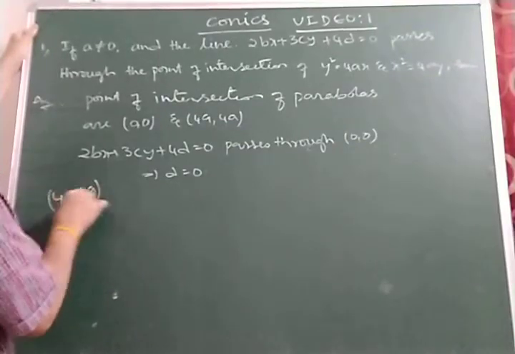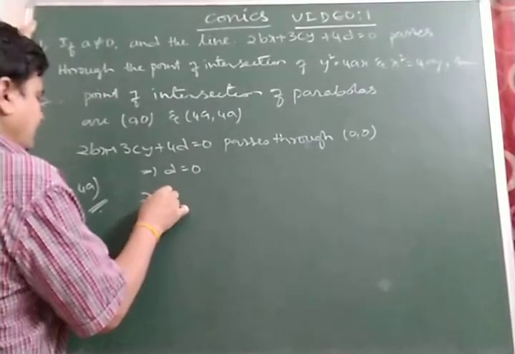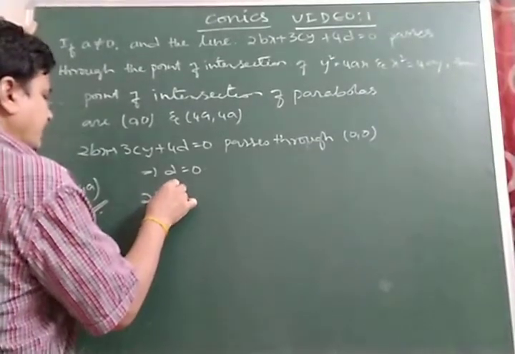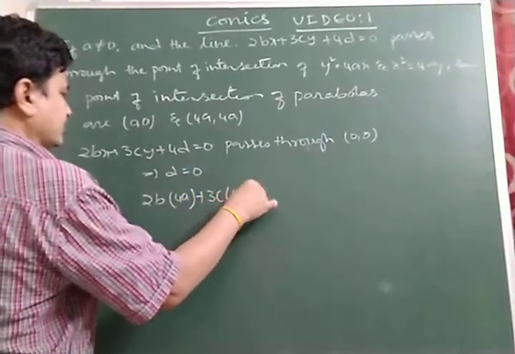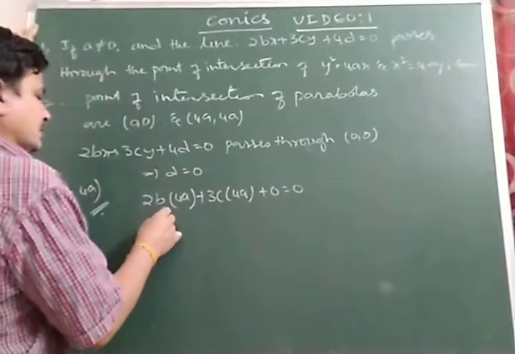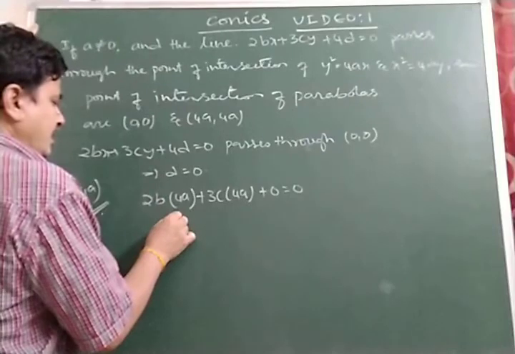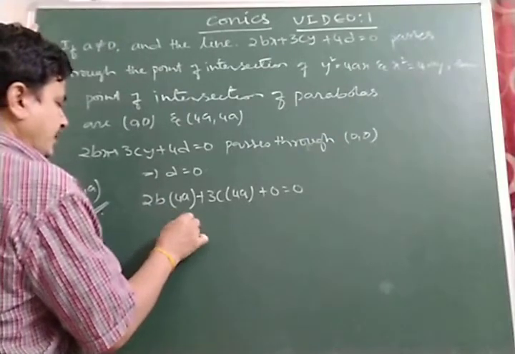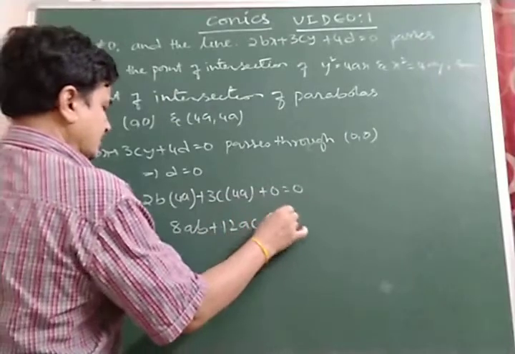And the line passes through the point (4a, 4a), that is 2b·4a + 3c·4a + d = 0. Now this is 8ab + 12ac = 0.